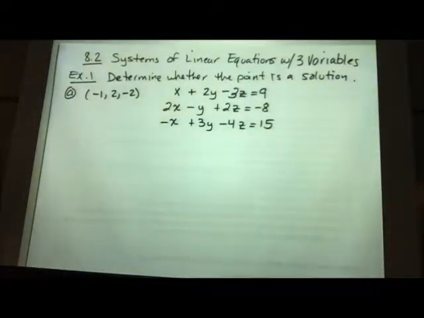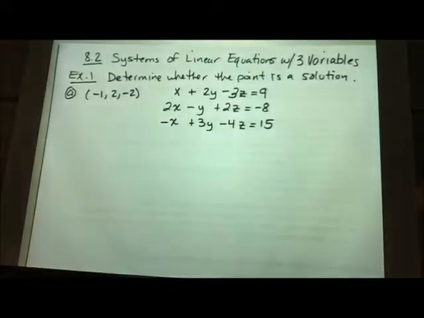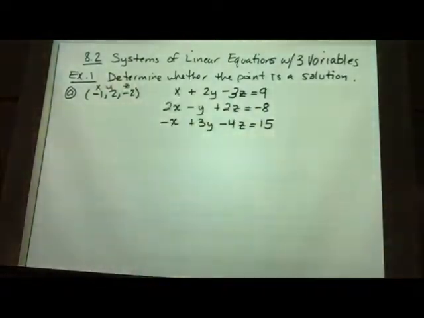Now, because you have three variables, you end up with three equations. So we're going to have to check that those three values, the x, the y, and the z, prove each of those equations true. So once again, this is x, this is y, and this is z.